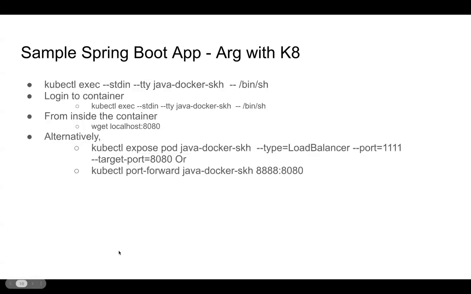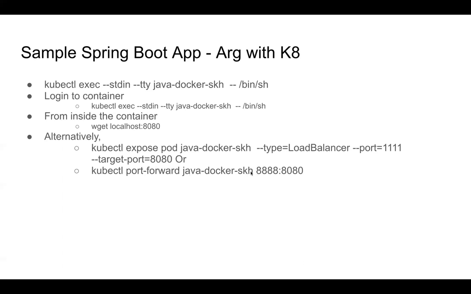And once it runs in Kubernetes, we'll go inside the container and say wget, we'll try to invoke the same URL in the controller. It should be /tips, and we'll see the output. If you don't want to go from inside the container and want to expose it from outside, you can use port forwarding.